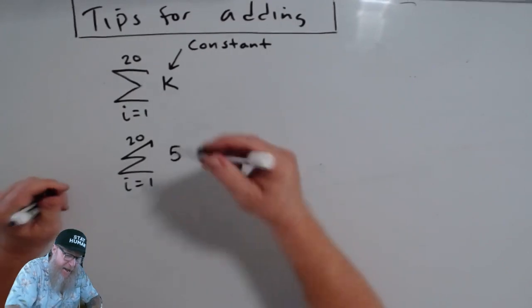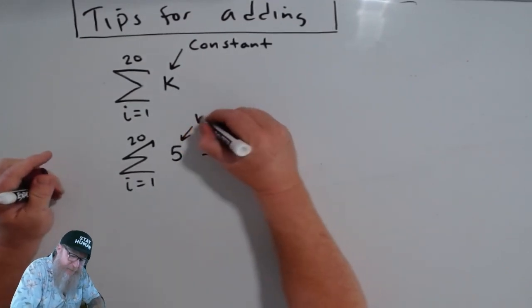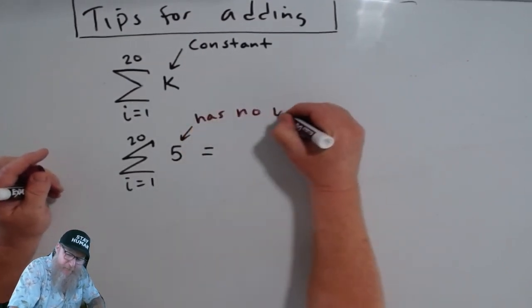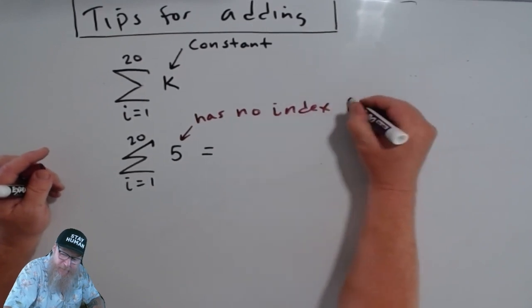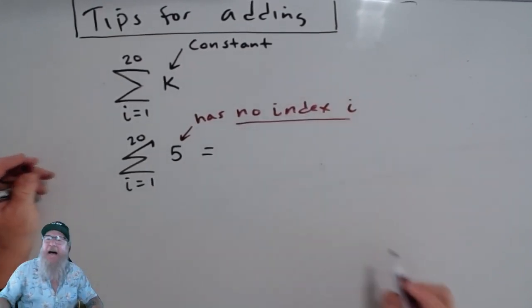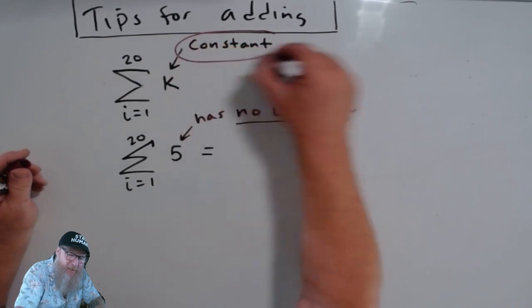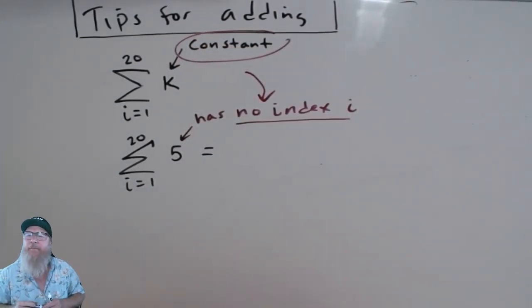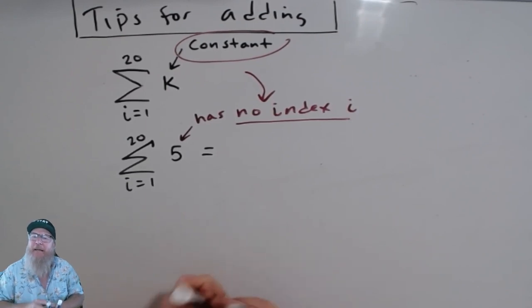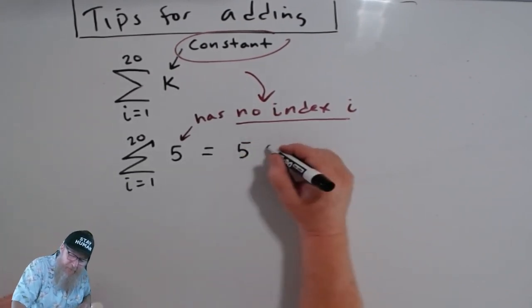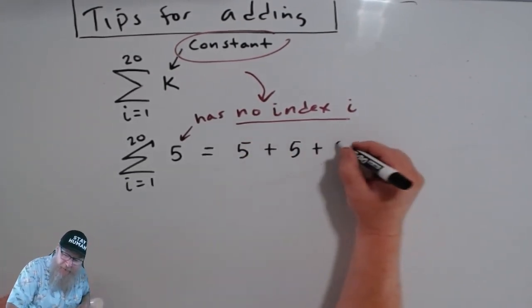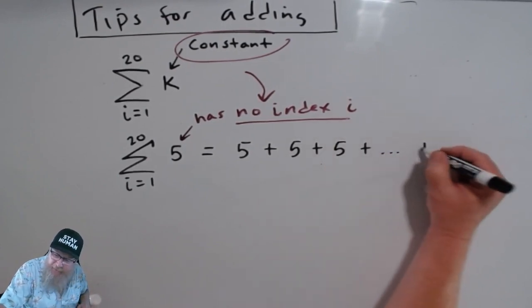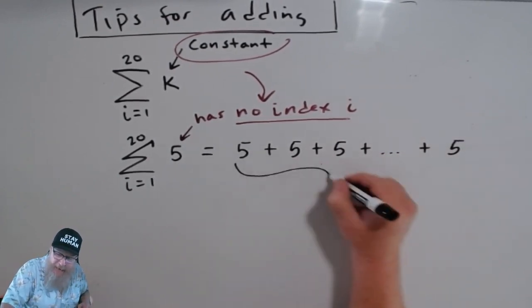Because this has no I, right? There's no index I. That's what makes it a constant. So a constant is a number that has no index. Well, what does this mean? This means 5 plus 5 plus 5 plus 5, 20 times.